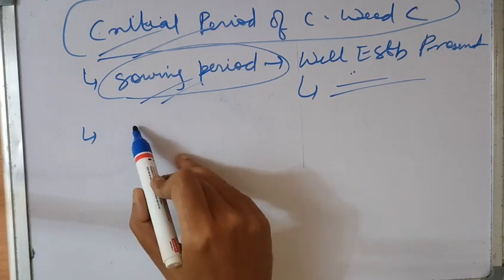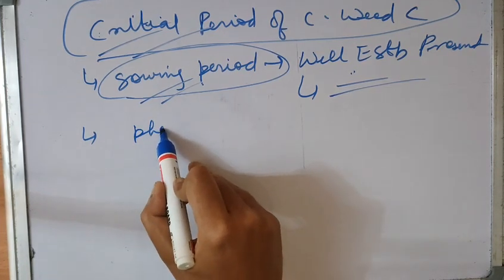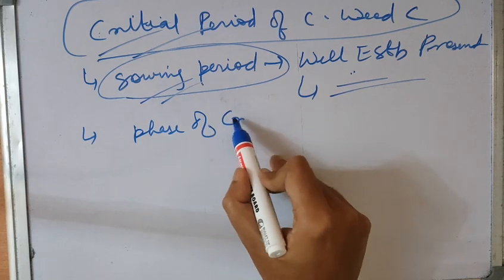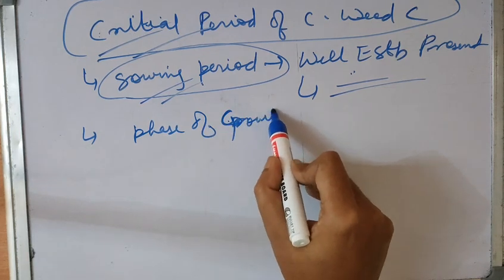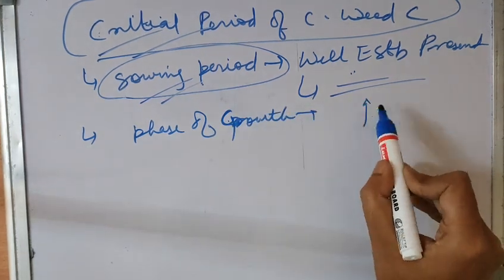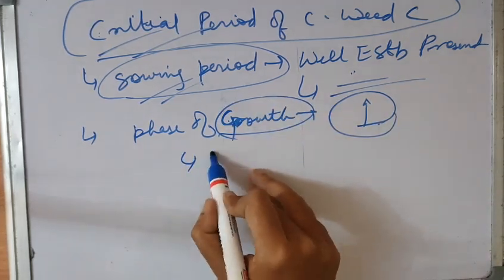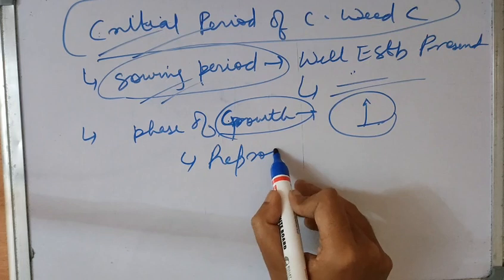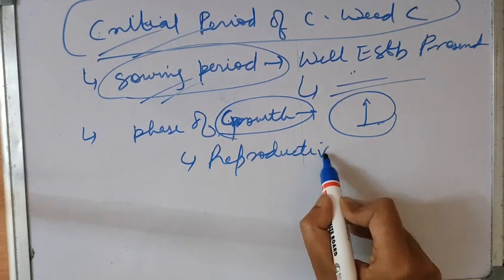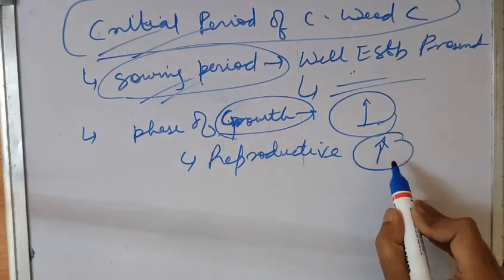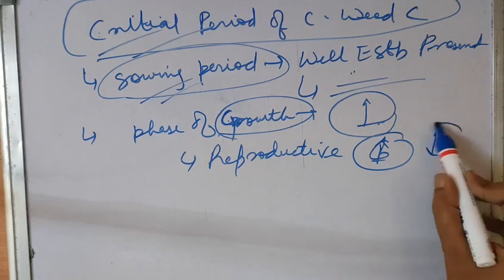Other critical phases are the phase of growth. When the crop is in the growth phase, we need to control weeds. Reproductive phase, we need to control weeds in the reproductive phase or the yields will be low.